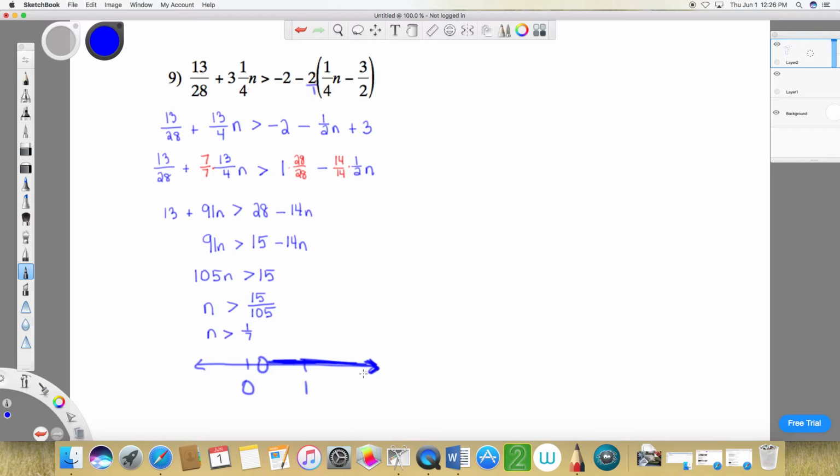And so in interval notation, you've got 1/7, comma, and on the right, this arrow is shaded, so it's going out to positive infinity. So there's our final answer, written in interval notation.